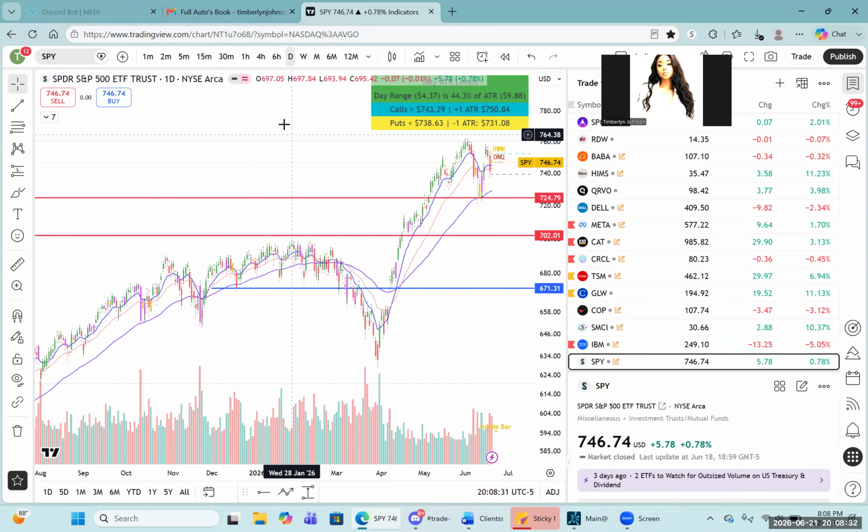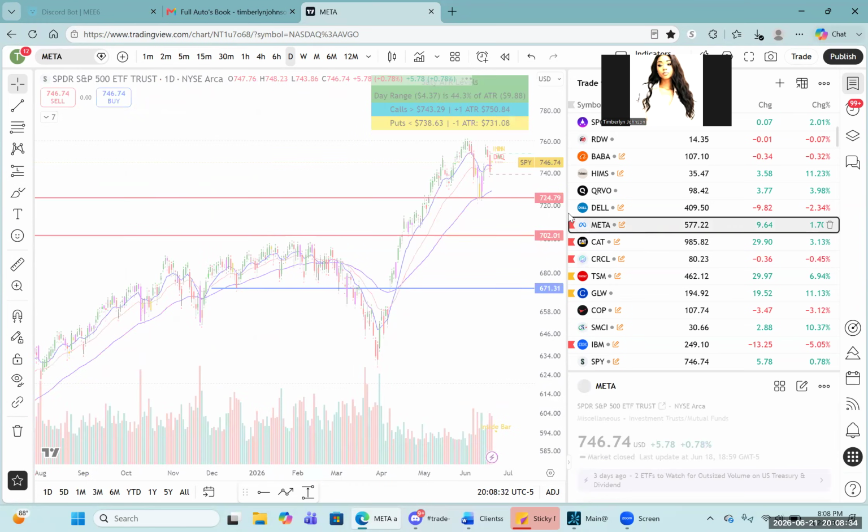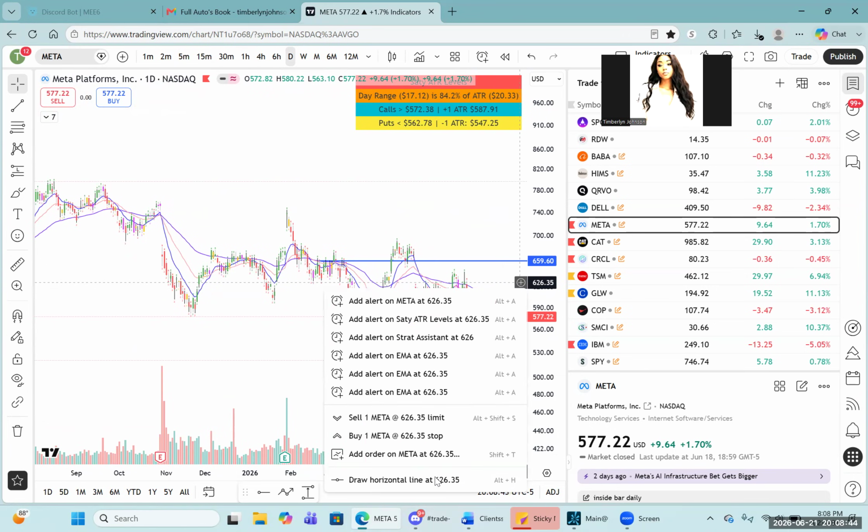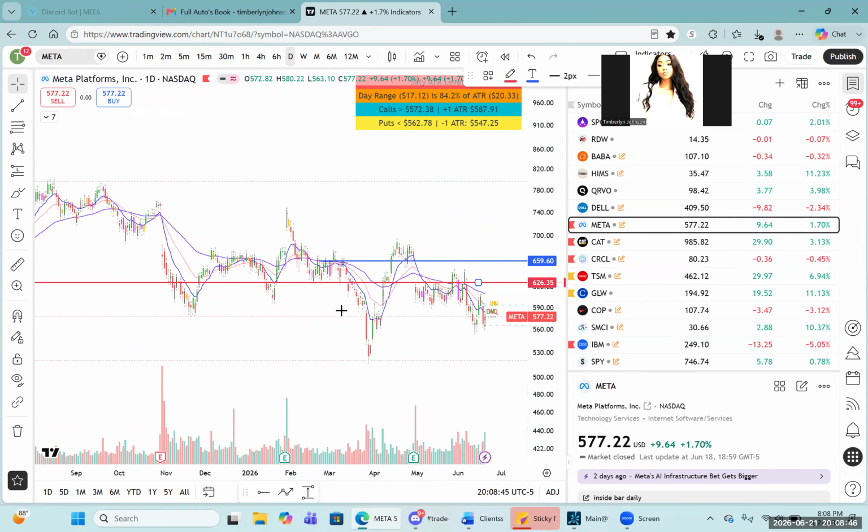So typically when I mark up a chart, I want to see that support was at this level at least three times. So right here, I would make a line right there. Sometimes you may not even see a lot of my lines because I'll probably eyeball it, which is probably not good.